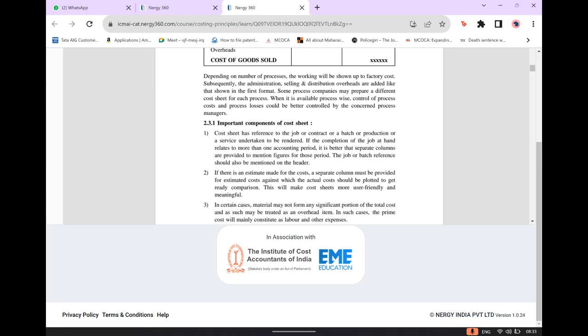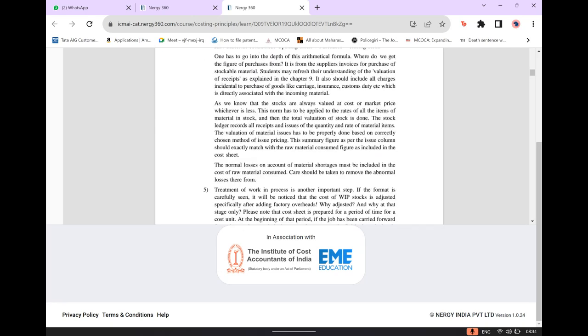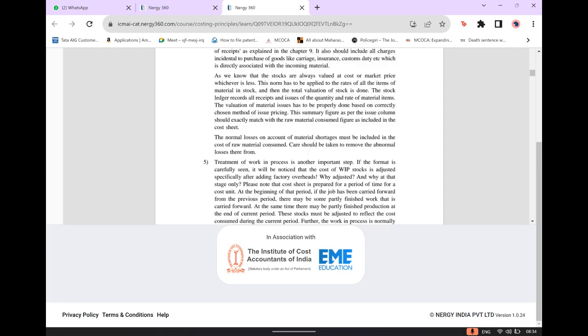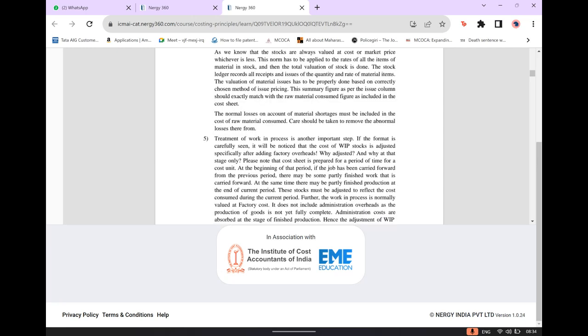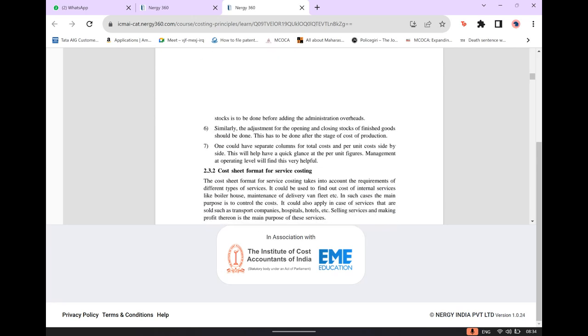So we saw for job costing how to apportion. Then for service costing or the operating costing, you have the fixed cost and you have the running expenses. So all those things you have to do. And treatment of work in progress, we have told you have to add the work in progress to the production cost and you have to subtract the closing stock of WIP.